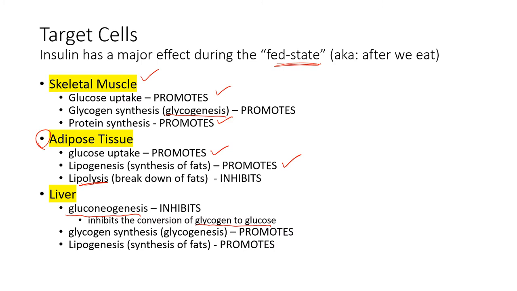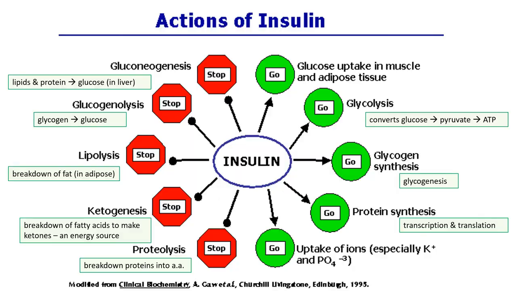So again, we don't want glycogen, the storage form, turned into a bunch of little glucose molecules. So we're going to inhibit that. We're going to promote glycogen synthesis. We don't want glycogen being broken down at the same time we're trying to build it. So we're going to prevent one and increase the other. And of course, we're going to promote lipogenesis, the synthesis of fat. So yeah, your liver can do that too. Your liver is an amazing little thing.